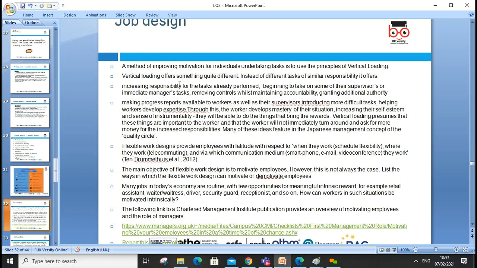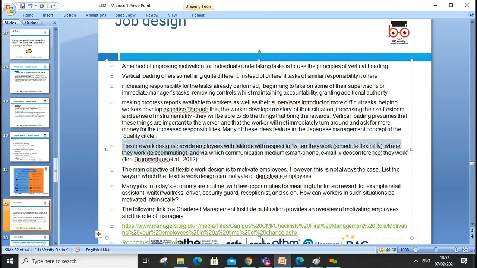So you're rotating people and you're giving them more tasks. You give flexible working design. They can work from home, they can work online, so they improve the productivity. So on the objective and flexibility of job design, in many jobs today, economies are routine and offer few opportunities for meaningful intrinsic reward.